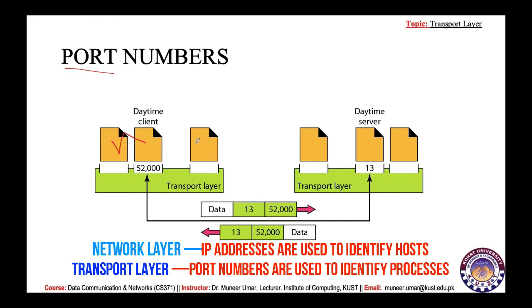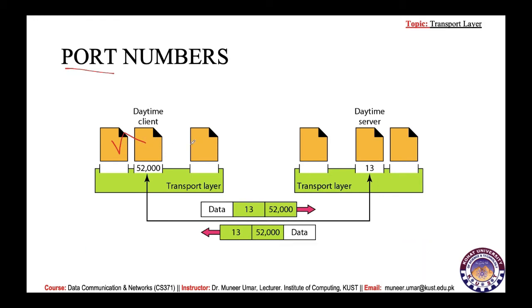Here we have different processes on a daytime client. Similarly, on the daytime server, we have some processes. Among these processes, one process wants to send some data to another process on the daytime server. Its port number is 52,000.